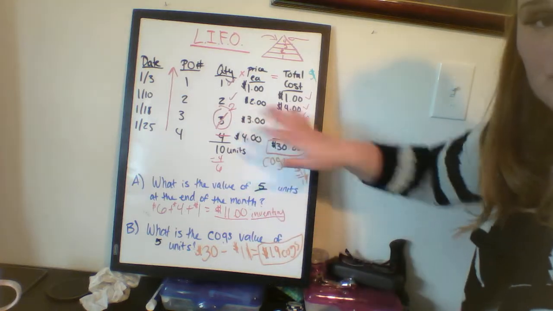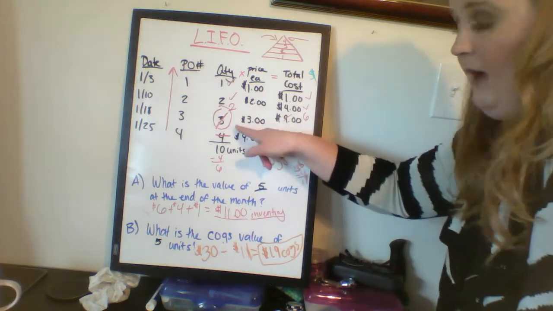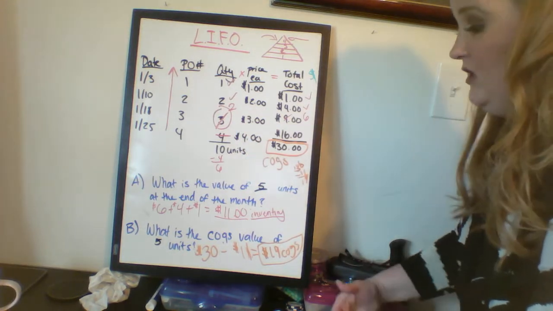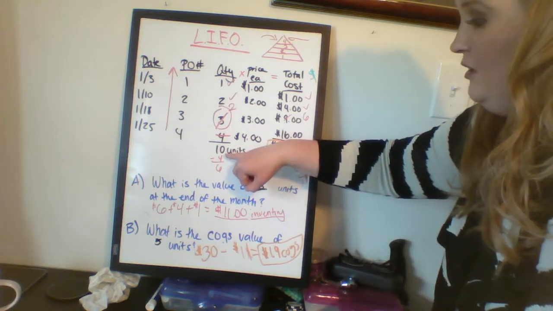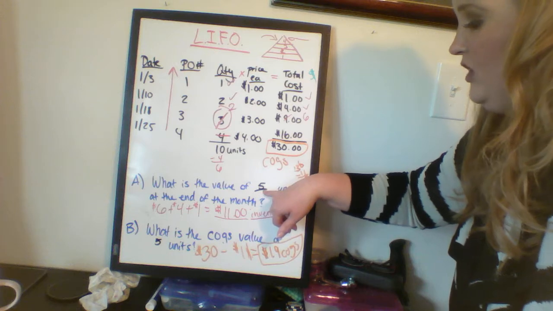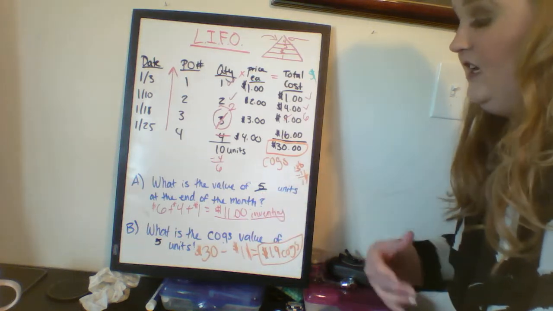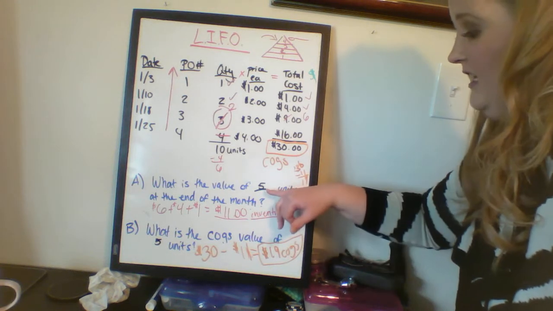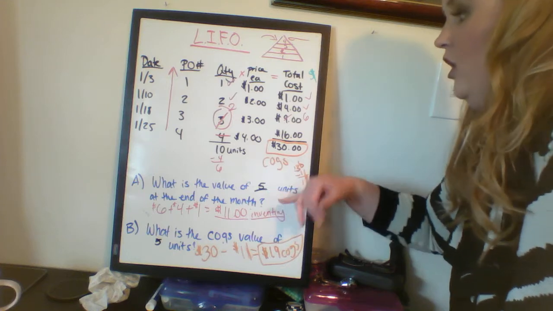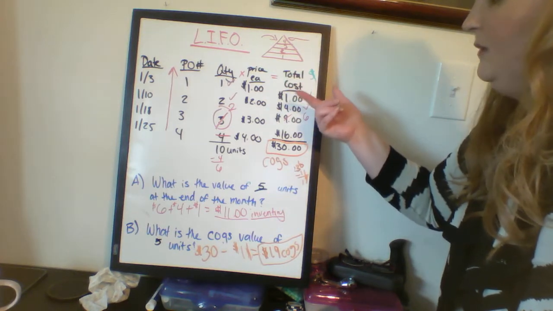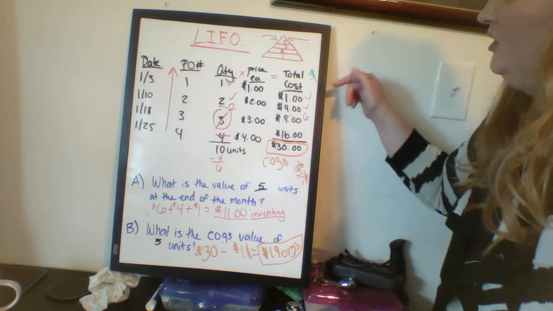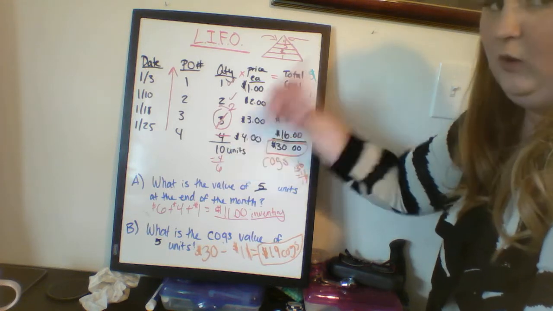So that's how you do it. I'll go over this because usually my students have the biggest issue with the math. How do you figure this out? Just to reiterate, we start off with 10 units, and the question is asking for the end of the month. The periodic inventory count stated that we had 5 units left on hand. So where did we pull those 5 units? Well, if you're doing LIFO in bulk, which means last in, first out, the last PO is the first one to leave.